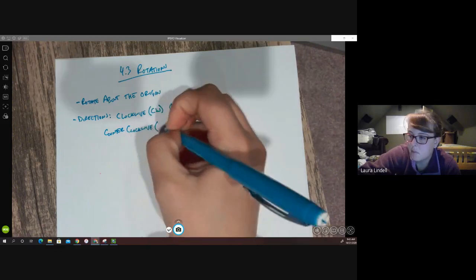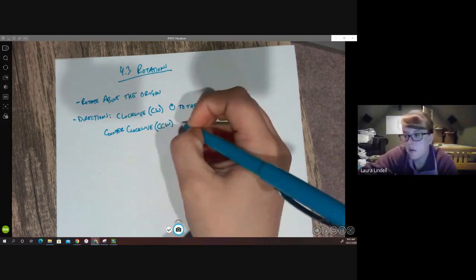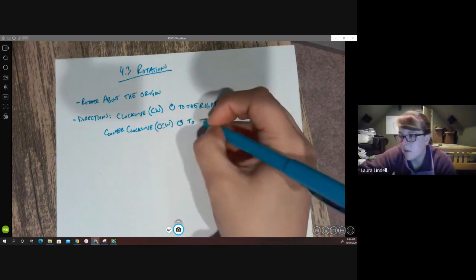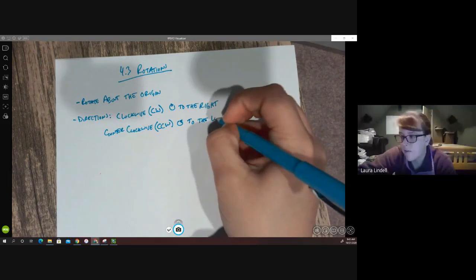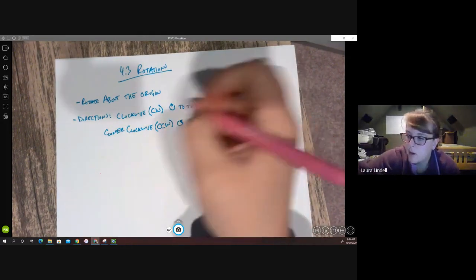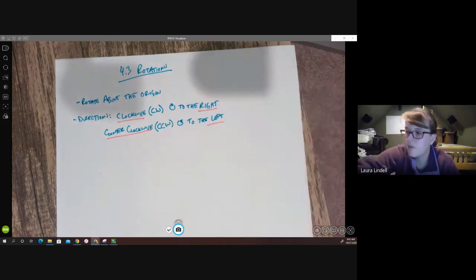And sometimes you'll see this abbreviated as CCW, which is to the left, as you guys mentioned. Okay, so we have clockwise to the right, counterclockwise to the left.